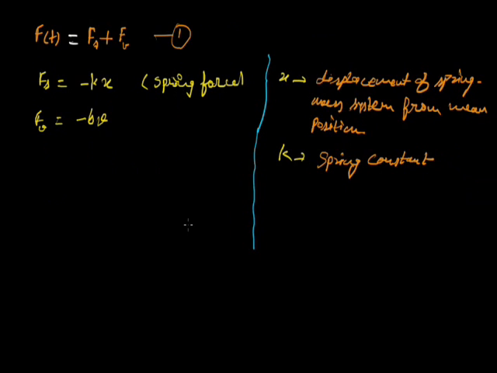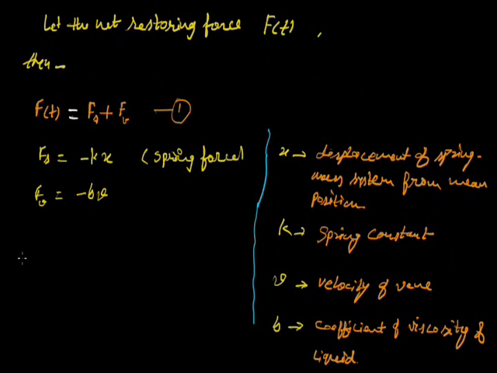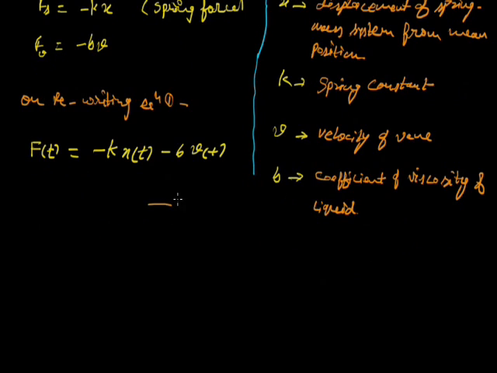Similarly, for the viscous force, the damping force, v is the velocity of the vane and b is the coefficient of viscosity. So we can rewrite equation number 1: F(t) equals minus kx(t) minus bv(t). Consider this equation number 2.